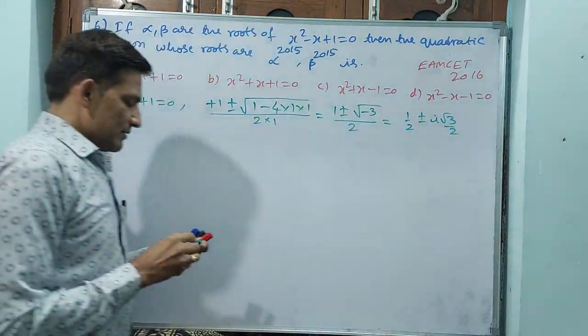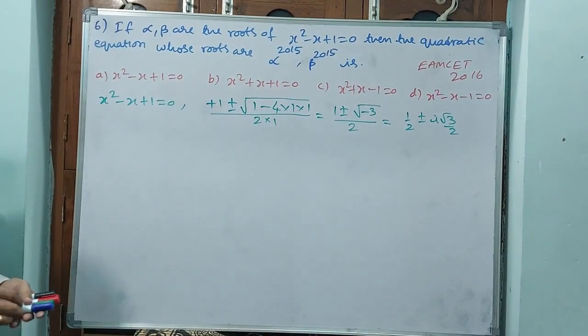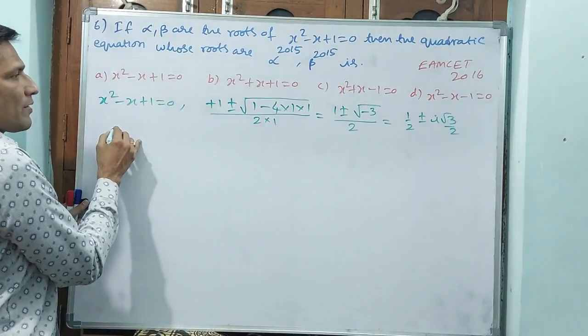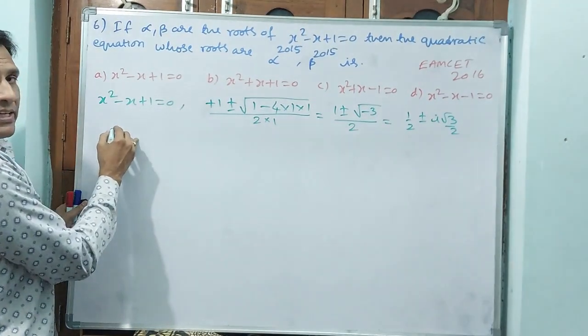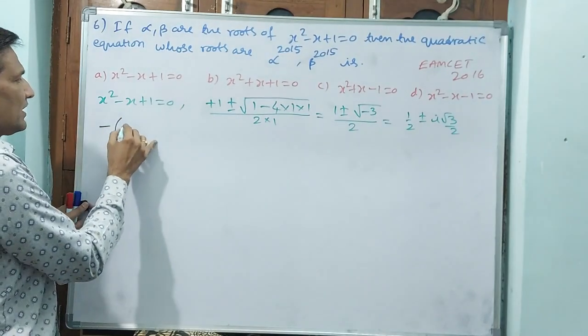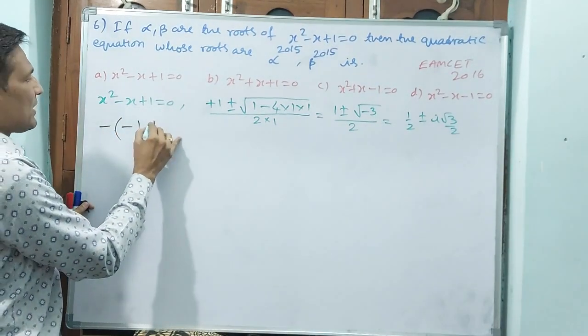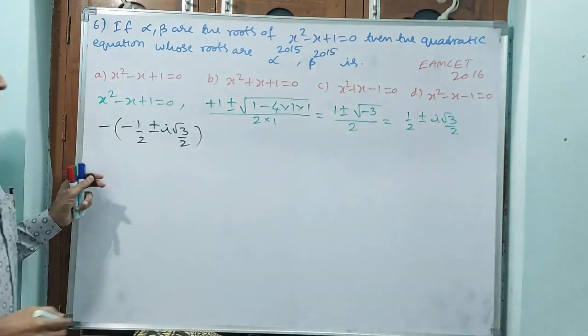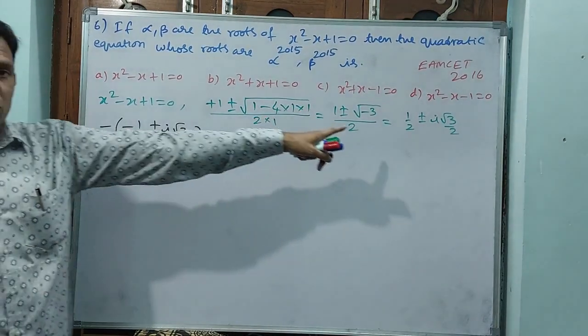Shall I write like this? Definitely I can write like this. You see, again I want to make, I am taking a minus as common, then minus 1 by 2 plus or minus i root 3 by 2, because minus minus is going to get cancelled out. Is it okay? Definitely okay.